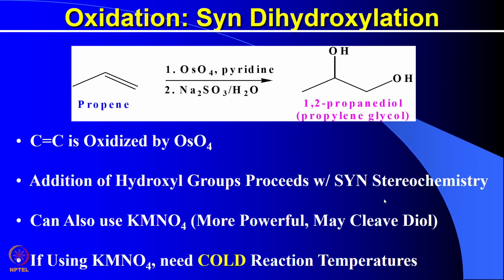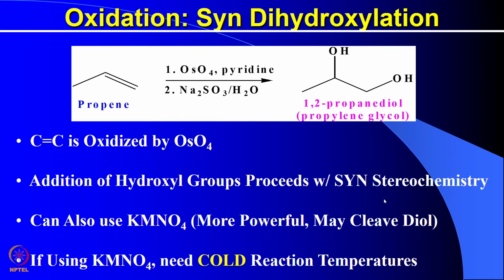Now let us see what happens if you try to oxidize these CC double bonded compounds, that means oxidation of alkenes. There are various types of oxidizing agents, for example, osmium tetroxide, potassium permanganate, potassium dichromate, and so on.